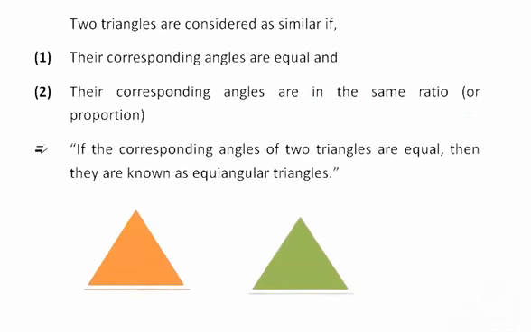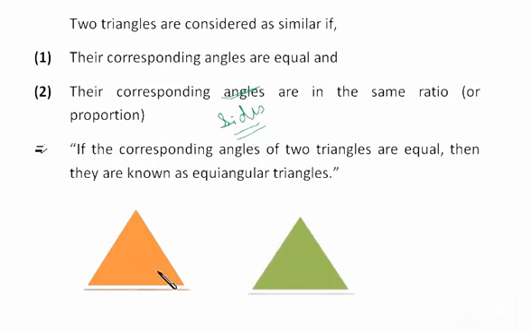So friends, now we discuss similar triangles, right? Two triangles are considered similar if their corresponding angles are equal and their corresponding sides are in the same ratio, or proportion, right? I have this triangle and this triangle, both of them are equilateral triangles.